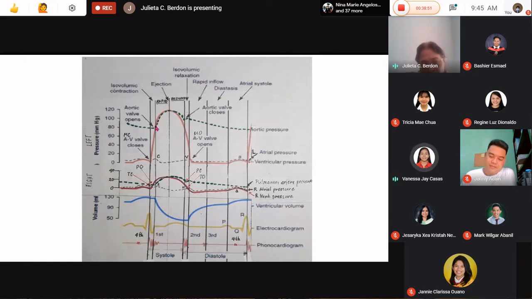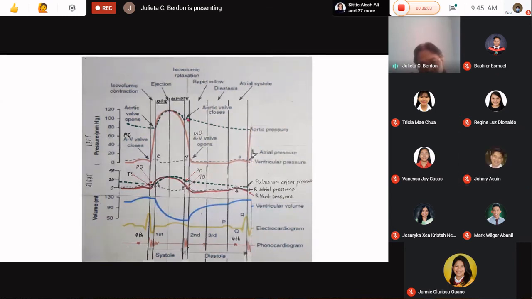Okay. So, rapid ejection ends when the flow to the aorta is equal to the flow to the periphery. And look, that is now the peak of your aortic pressure. And the same is true with ventricular pressure. Ventricular pressure, that is also its peak. And that is the end of your rapid ejection phase and the beginning of your reduced ejection phase.